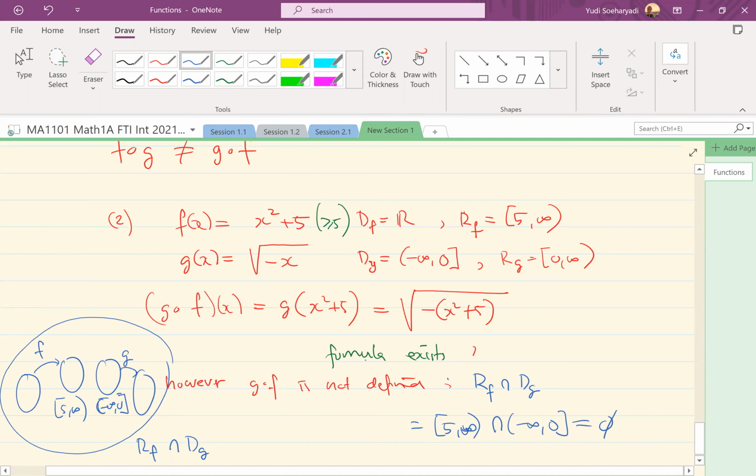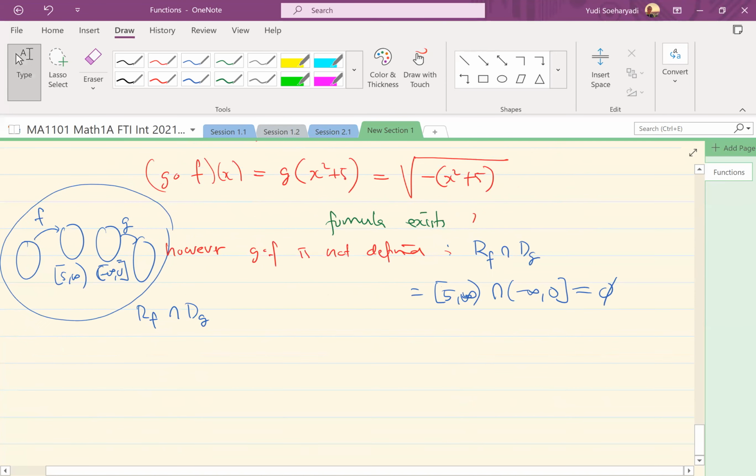So don't be fooled by a formula. Beware. Something having a formula does not mean it exists.